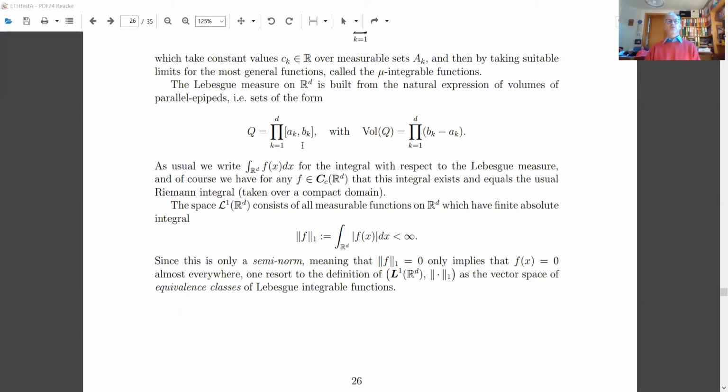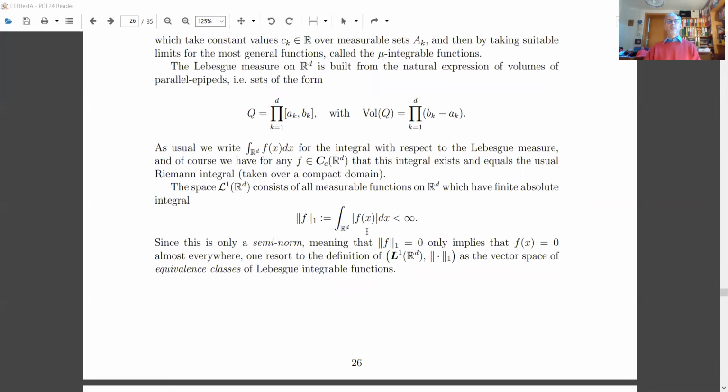You can build sets which are collections of such cubes, so Lego kind of figures, and you approximate a measurable set from the inside and from the outside. So you're able to measure more sets, you have more step functions, and then by a delicate limiting process, you're defining an integral for positive functions, which is either plus infinity or finite.